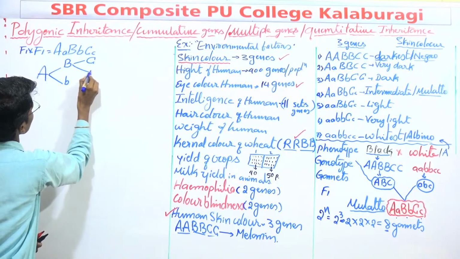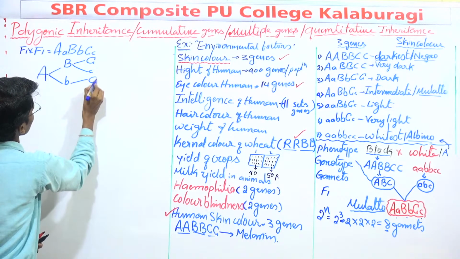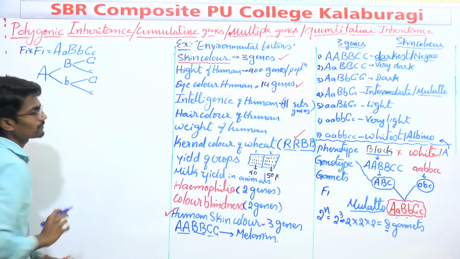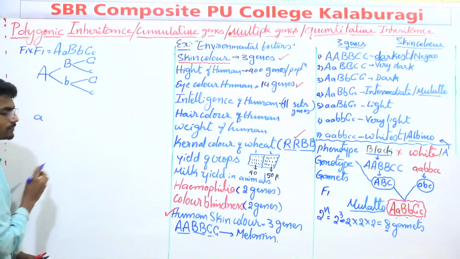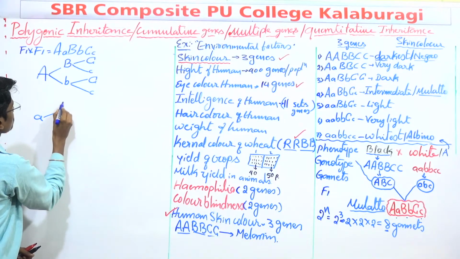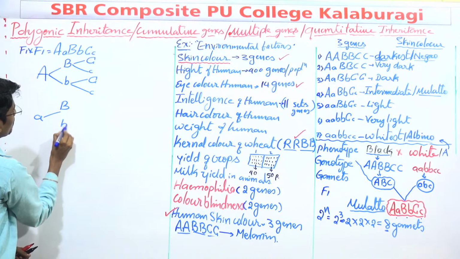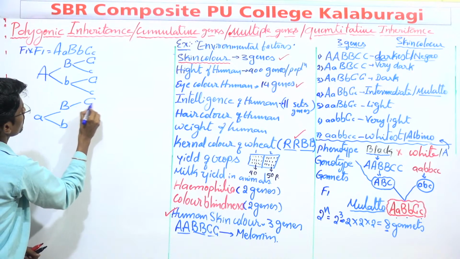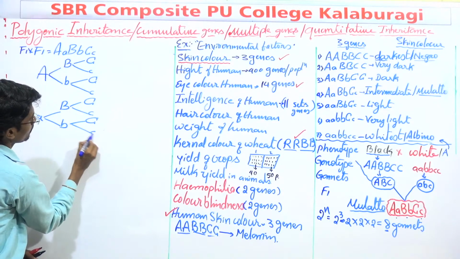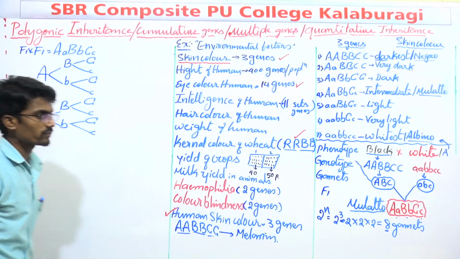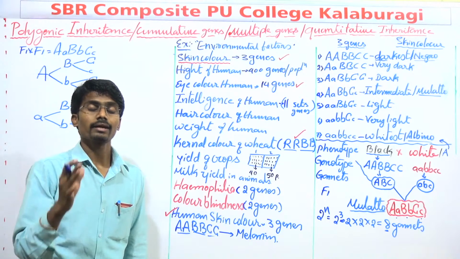This is the small and this is the capital. Similarly, you can take a recessive again, and capital B, small b, capital C, small c, here also the same. Now you can cross all of them. We will get 8 gametes.